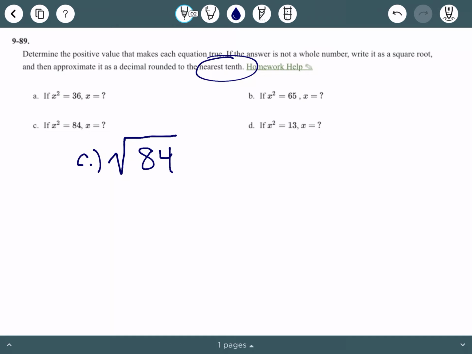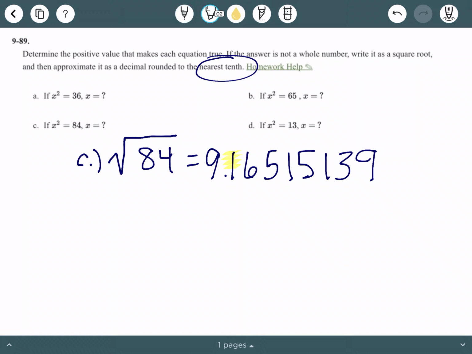When I put it into my calculator, it gives me 9.16515139. Again, we're going to round to the nearest tenth, so that's just 1 after the decimal. This 6 in the hundredths place tells us that we're going to round that tenth up to a 2. So x is going to equal approximately 9.2 in this case.